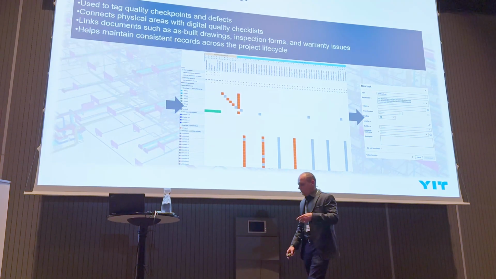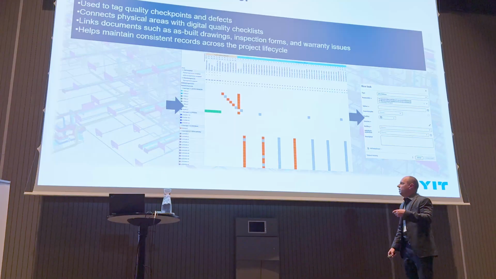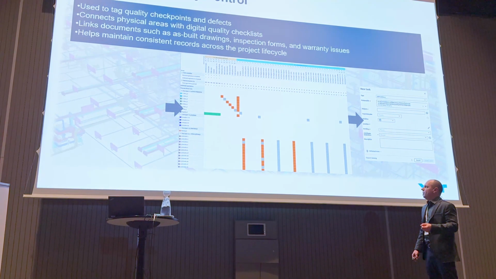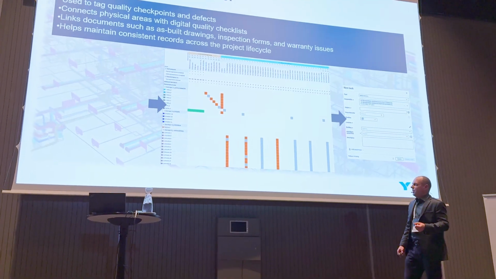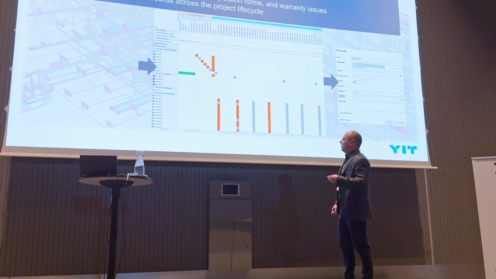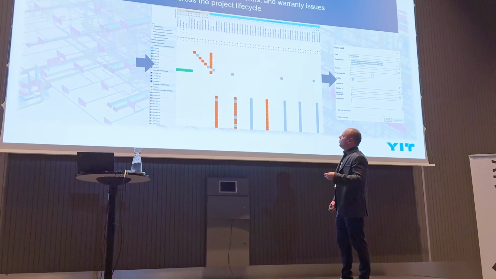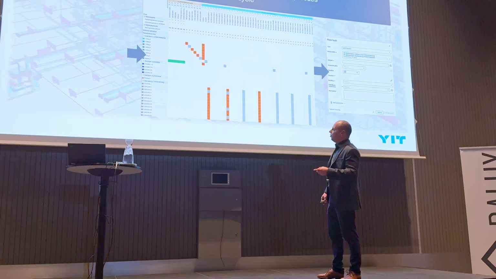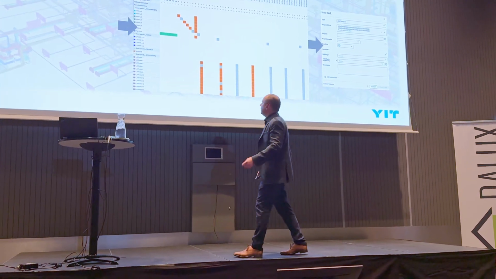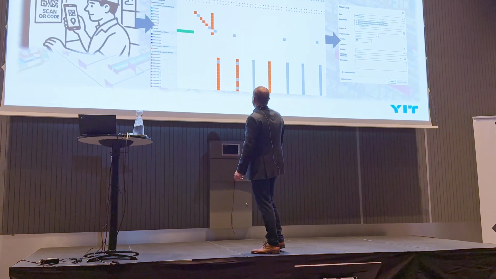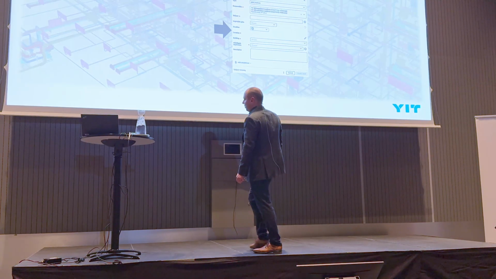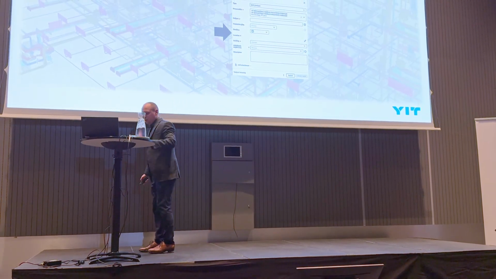So when the site manager is walking around the building, he can reduce mistakes of filling in quality control cards which are not related to the zone where he exactly is. The next one is that you can also create defects according to these QR codes.